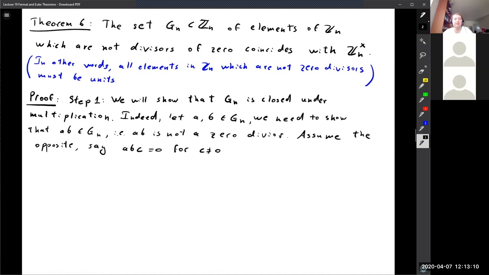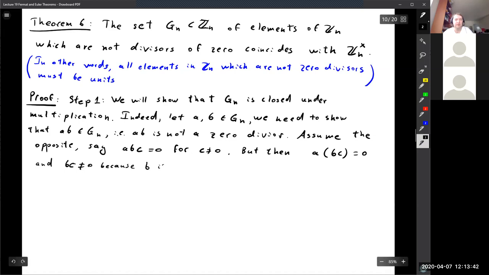Well, but then A times BC equals 0, and BC is not equal to 0 because B is not a zero divisor.